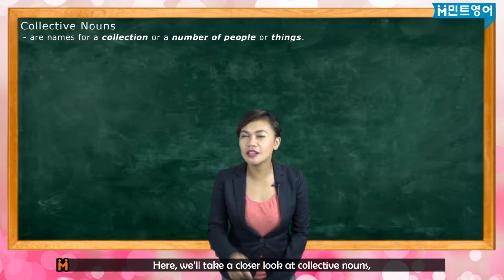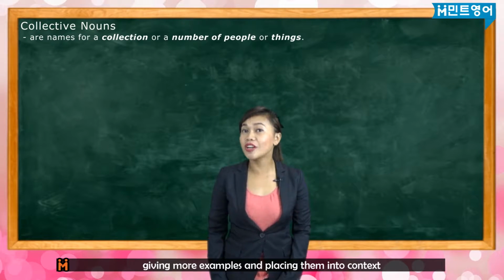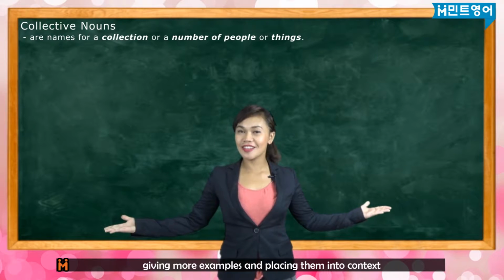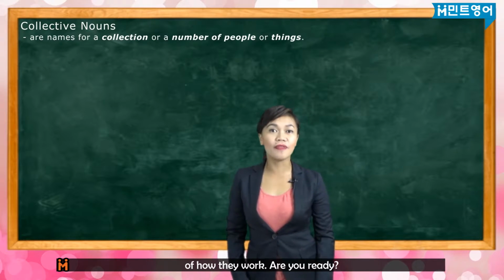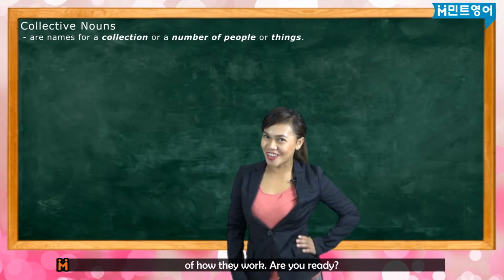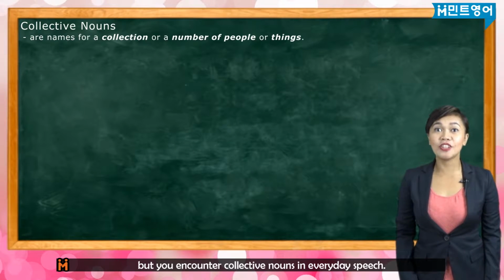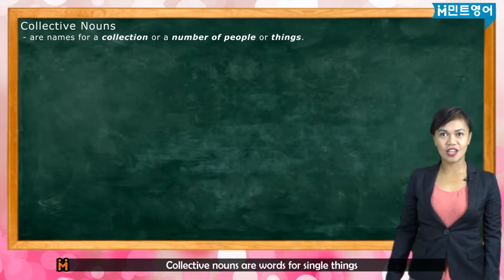Here, we'll take a closer look at collective nouns, giving more examples and placing them into context so that you can gain a deeper understanding of how they work. Are you ready? You might not know it, but you encounter collective nouns in everyday speech.